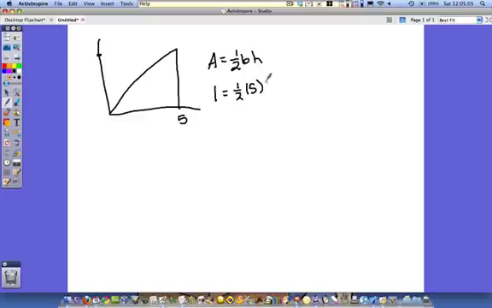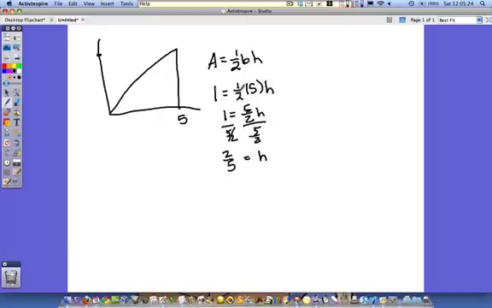So we just plug in what we know, and we find out 1 is equal to 5/2 h. If we divide both sides by 5/2, then we find out h is equal to 2/5. You can do all of this with fractions too if you want. It's fine.